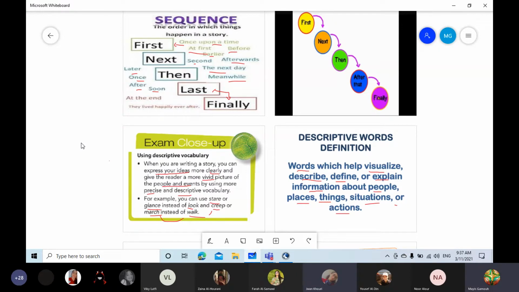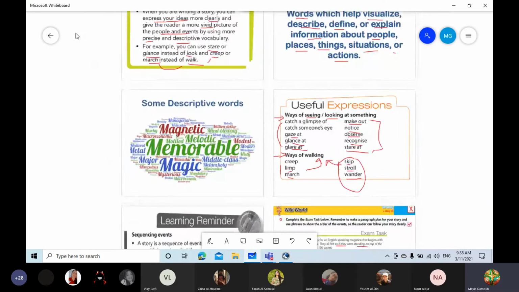Regarding what? Regarding the characters of the story, regarding the setting, maybe the places, the time, the things, and the actions that happen in the story. Yes, thank you, dear.